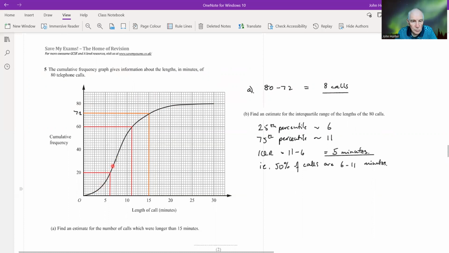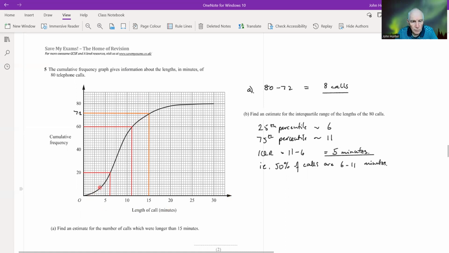But this has been turned into a curved line, which is probably more reflective of the data. But if you do get these to draw and you give them the class widths and frequencies, then you could actually do it with straight lines.